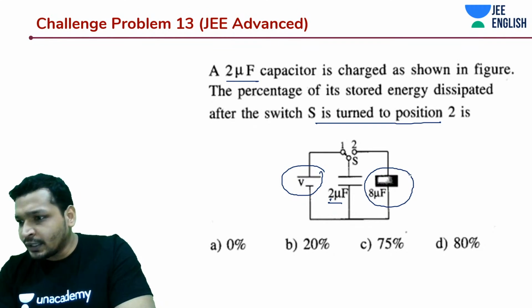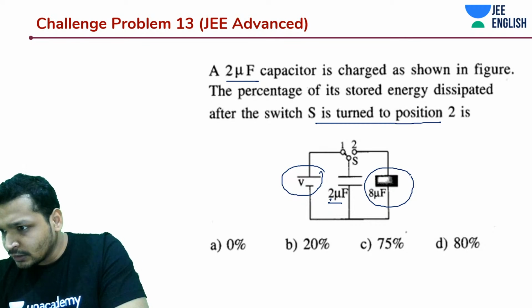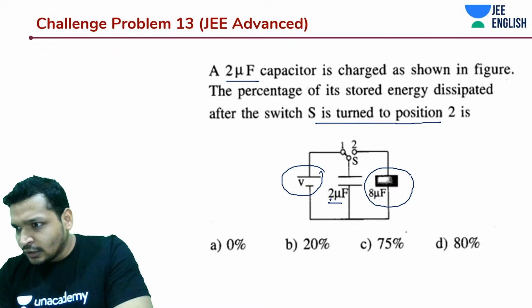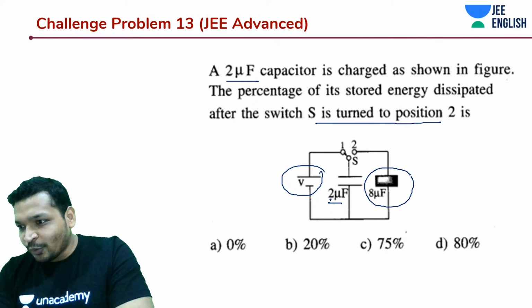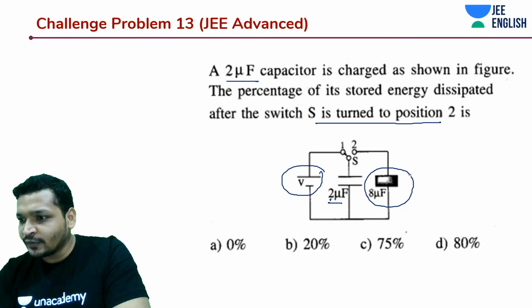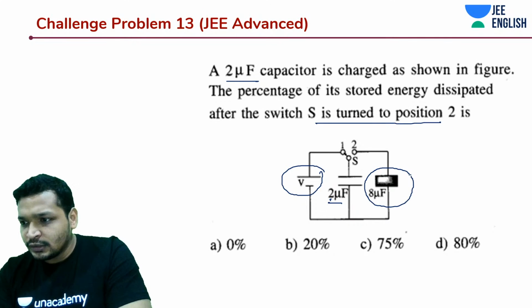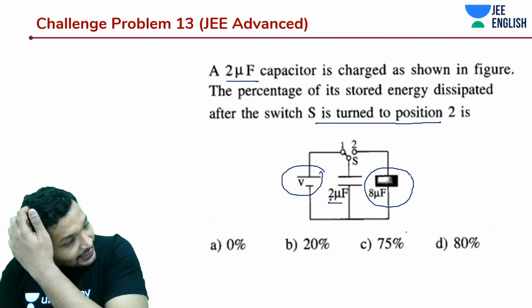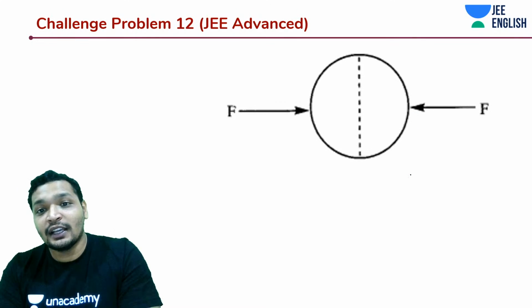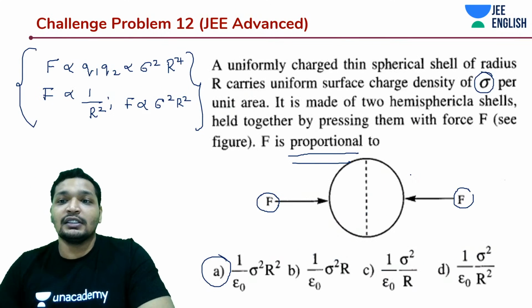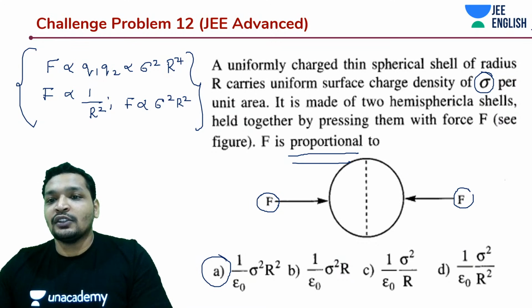A square, I didn't get it. What do you mean by A square? It is not A square, guys. It is sigma. I guess one of the students has a doubt in this. This is sigma, this is not charge.